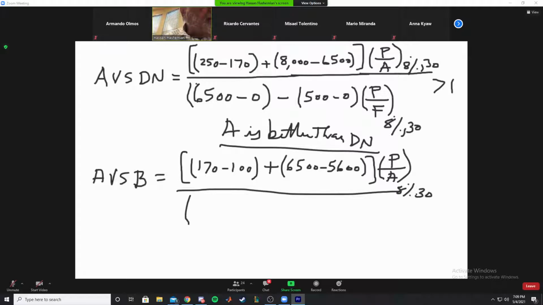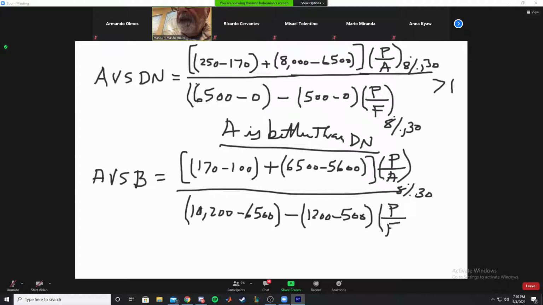So the cost of B is 10,200. The cost of A was 6,500. So that's at the present. We don't have to do anything. But the salvage value will be in the future. So that's 1,200 minus 500. And that's the future, so we have to multiply by P over F. Same thing that we did on the top, 8% and 30 years.